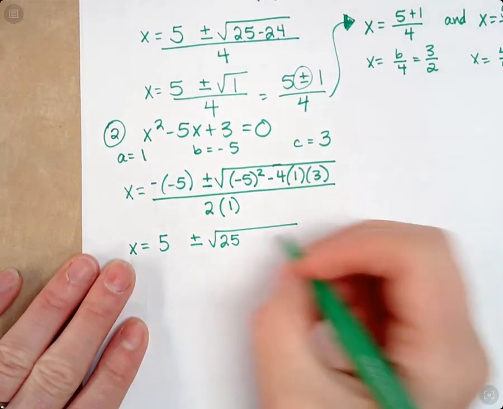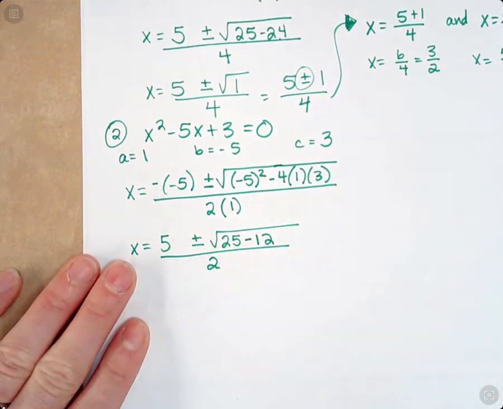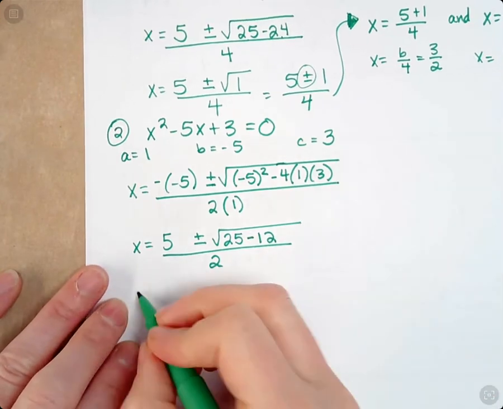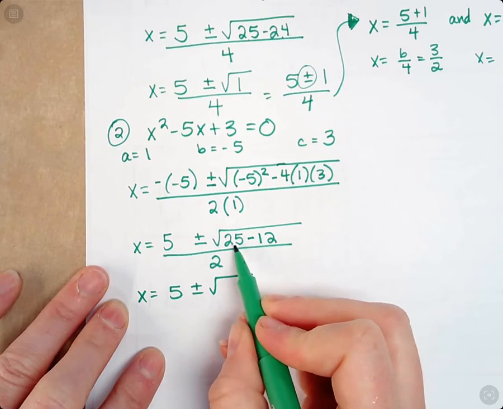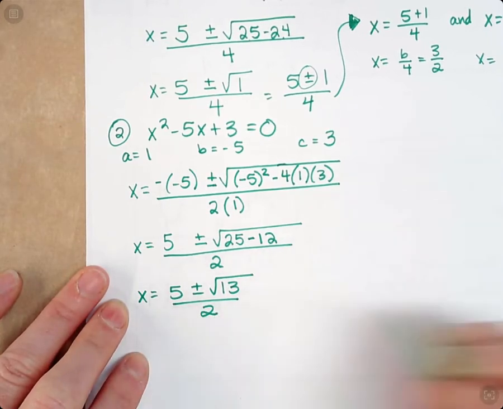What'd you say? 12. Yeah, minus 12, over 2. Okay, so x equals 5 plus or minus the square root of 25 minus 12, which is 13, over 2.